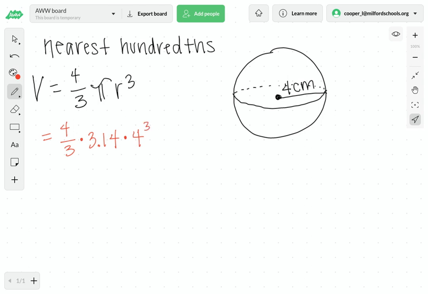Now, all you really need to do is just type this right into Desmos, 4/3 times 3.14 times 4 raised to the third power. And when you do that, you will get the answer of 267.95. And that is actually already rounded for you.